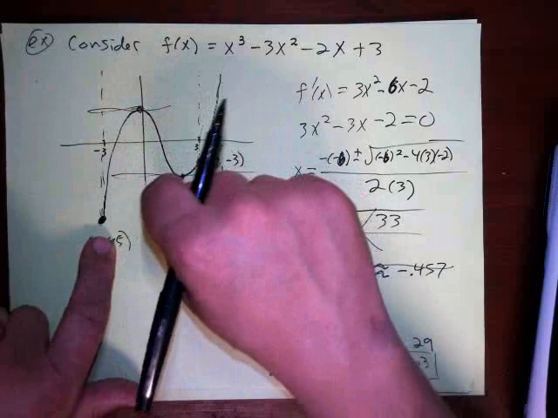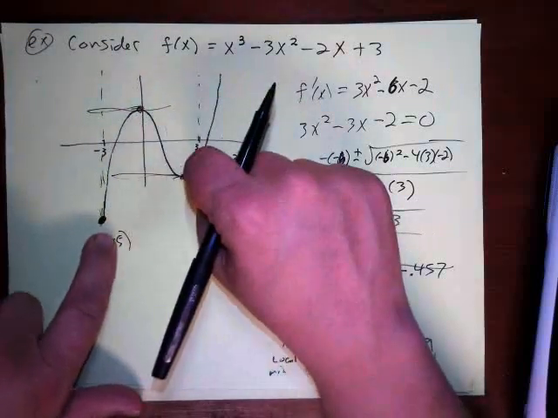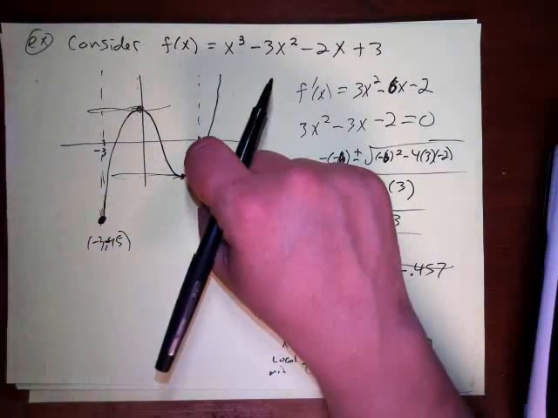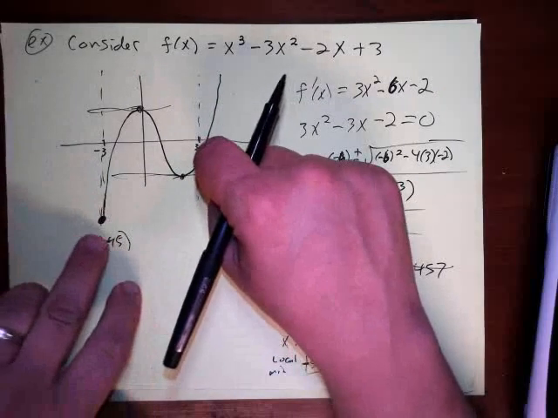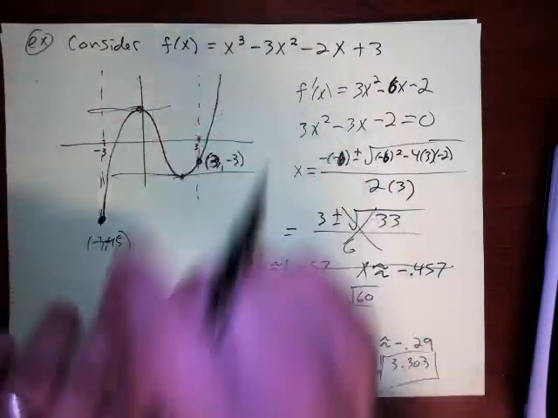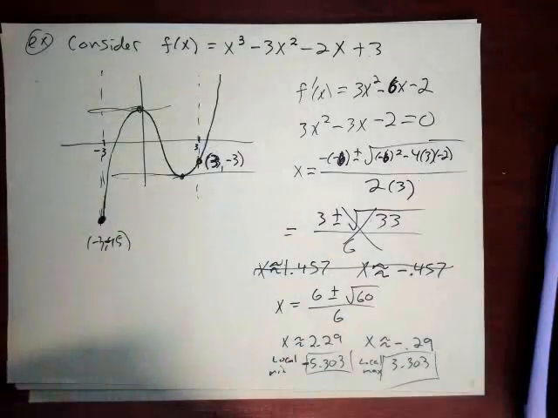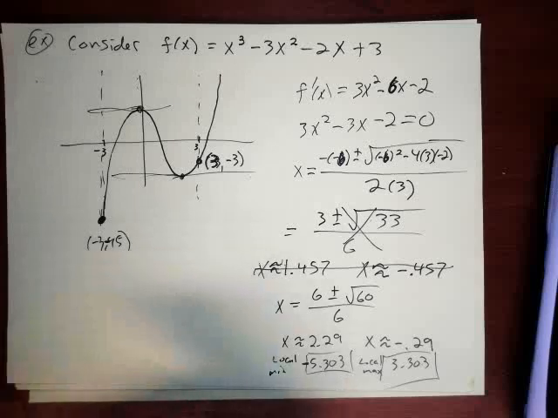You plug in the values at the critical points and at the end points, and then whichever value is the smallest will be the global minimum over the interval. Whichever value is the largest will be a global maximum over the interval. And so as far as a continuous function over a closed interval is concerned, we now have a way of finding the global min and max over that closed interval.